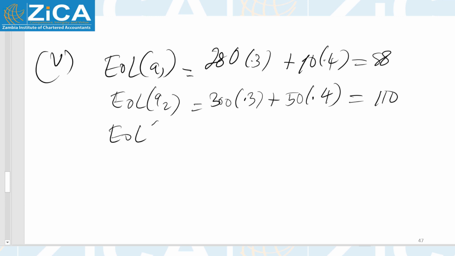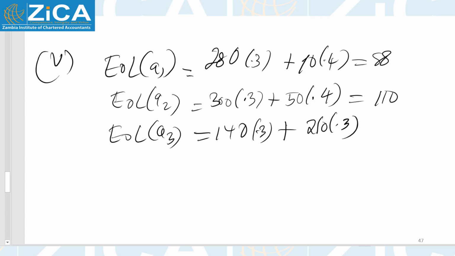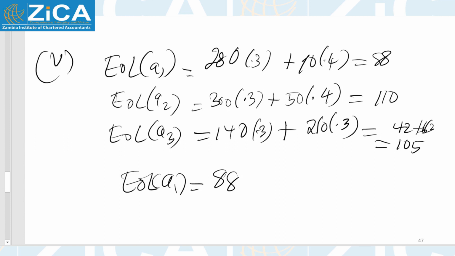For A3, it will be 140 times 0.3 plus 210 times 0.3, which gives 42 plus 63, which is 105. So for the expected opportunity loss, action A1 is the best. It gives us the smallest, because that is a table of regrets.